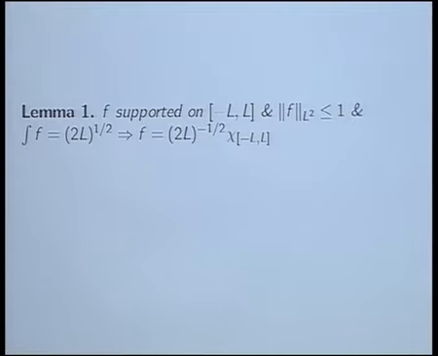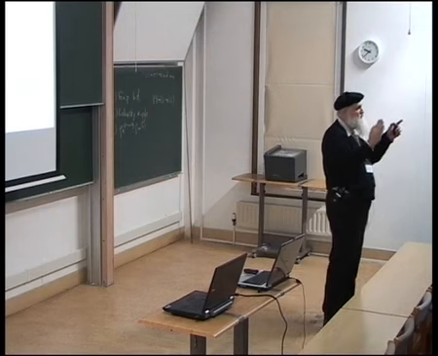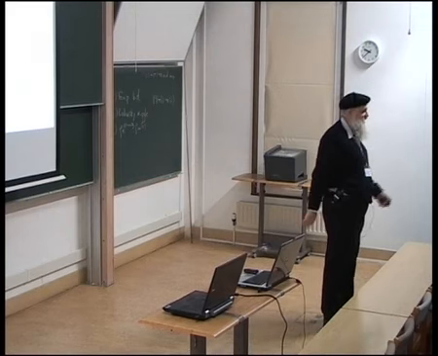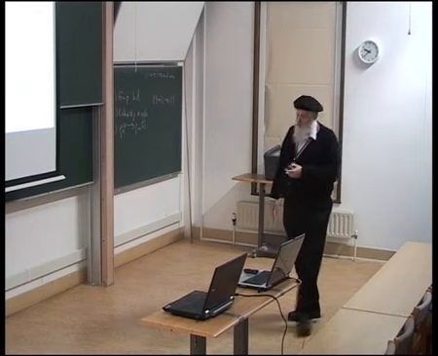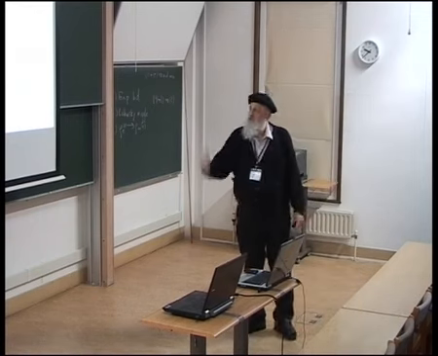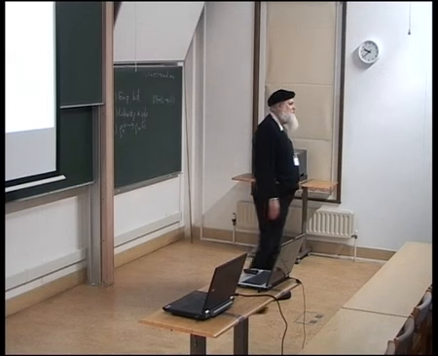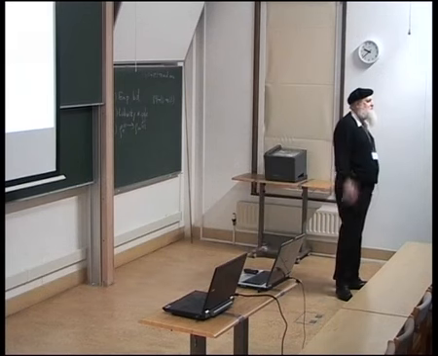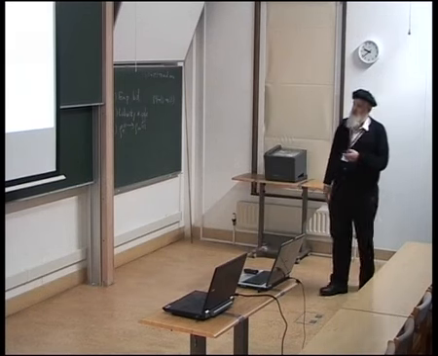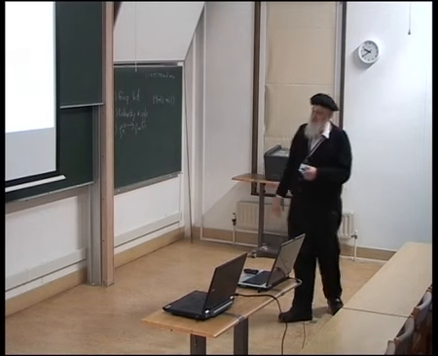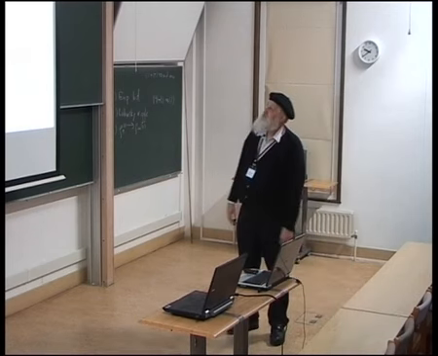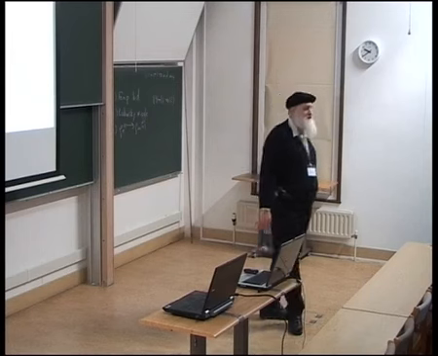If you have a characteristic function, you know the L2 norm and you know the L1 norm, and it saturates the Schwarz inequality, then of course you have equality. This is how to see you get the characteristic function. Elementary.